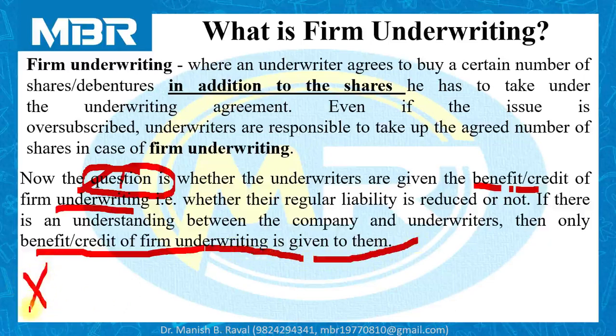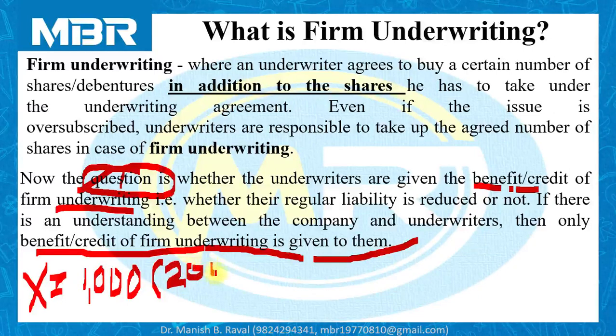I would like to explain these things with one simple example. Say, for example, the company has undertaken a public issue and underwriter X is responsible for 1000 equity shares. In addition to these 1000 equity shares, underwriter X has given firm underwriting for an additional 200 shares.